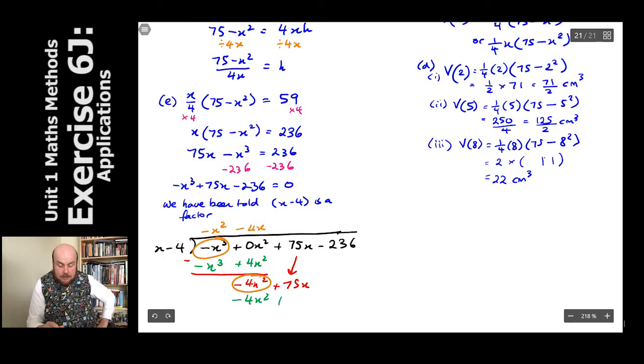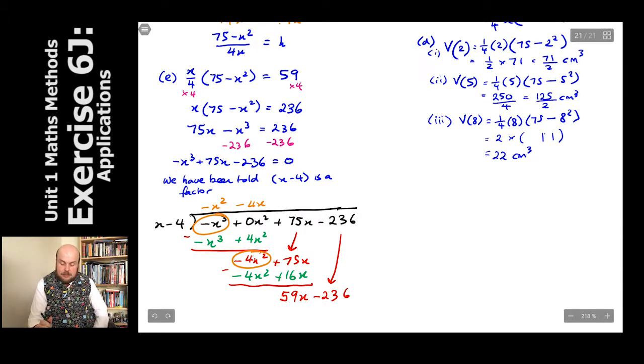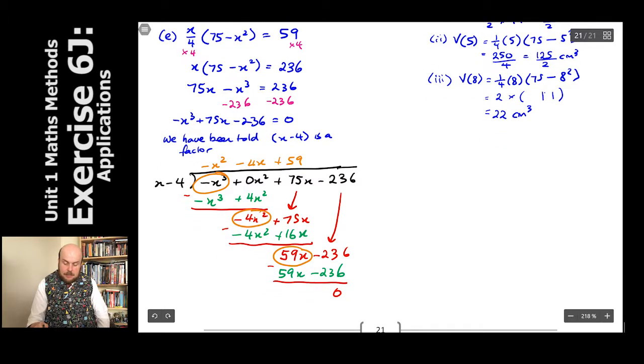Negative 4x times negative 4 is going to be positive 16x. Minus that. 75 minus 16 is going to make that 59x. Minus 59x. We'll bring that 236 down. x goes into 59x 59 times. 59 times x is 59x. 59 times negative 4 is negative 236. And we get 0.